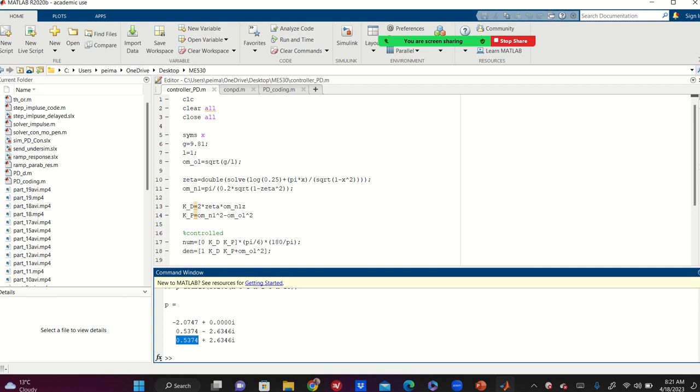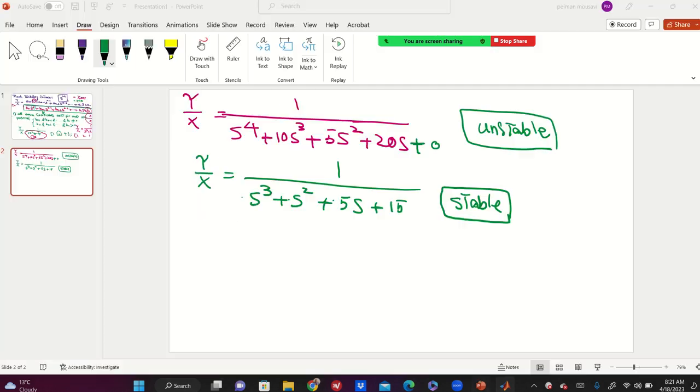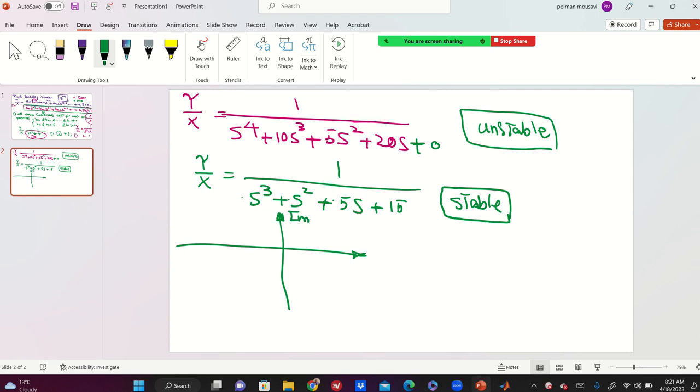See? So it says, despite whatever Payman thought, your system has this configuration of the poles. Imaginary, real. Oh, sorry. This and this. Ooh.